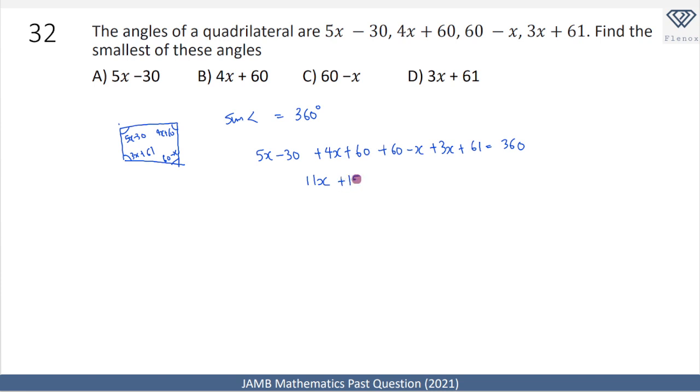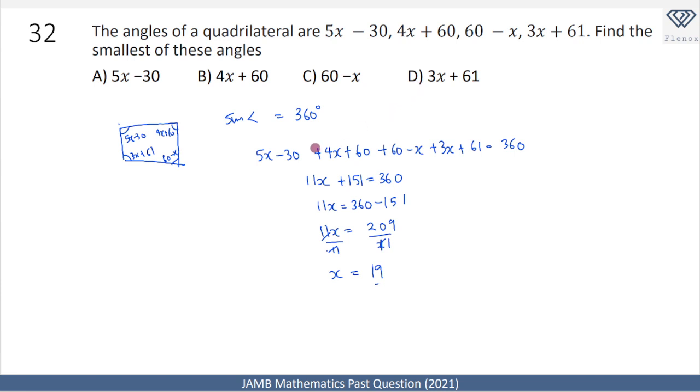So plus 151 will be equal to 360. So I know that 11x will just be 360 minus 151, and that is 209. And if I divide both sides by 11, I know that my x is going to be equal to 19.